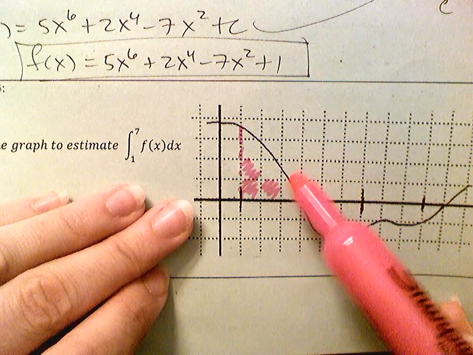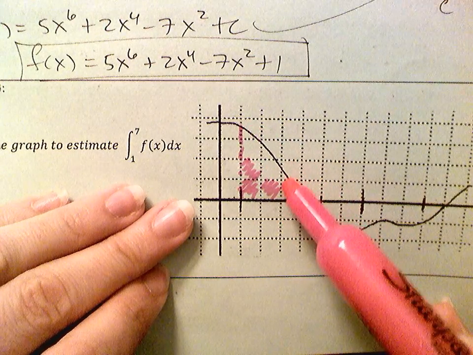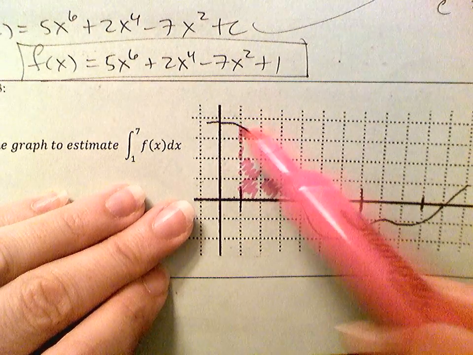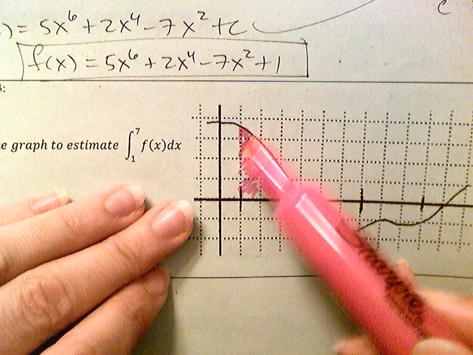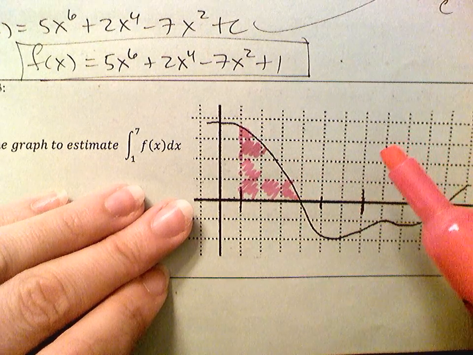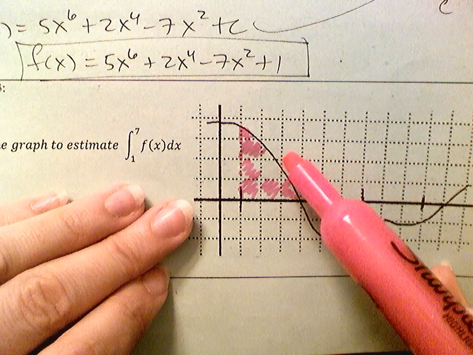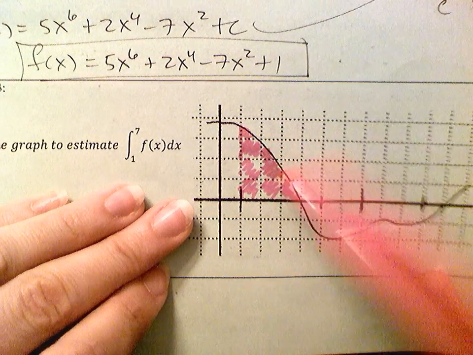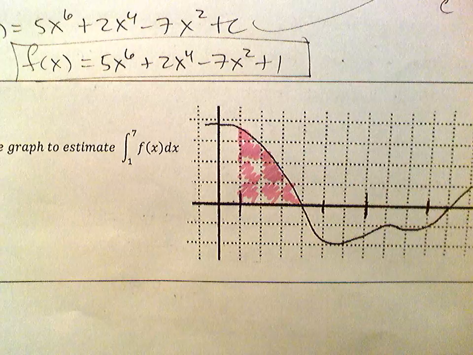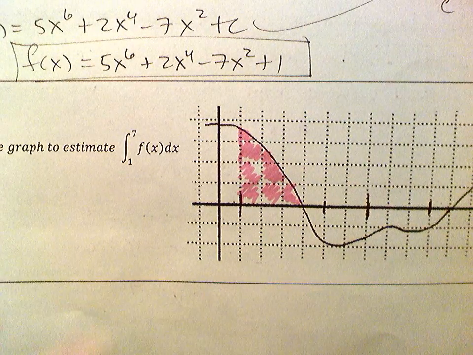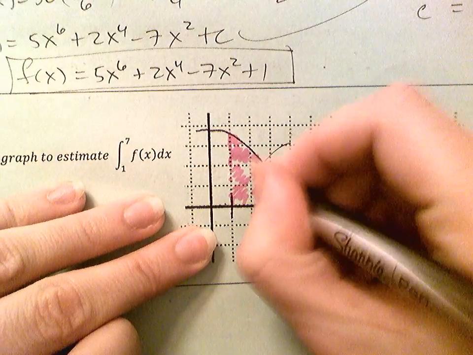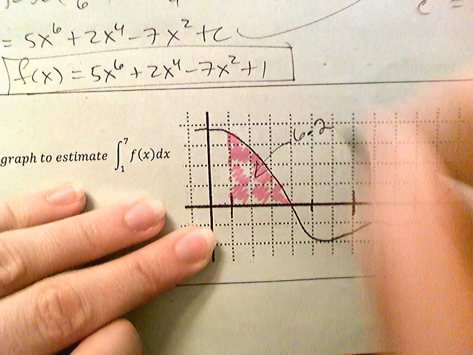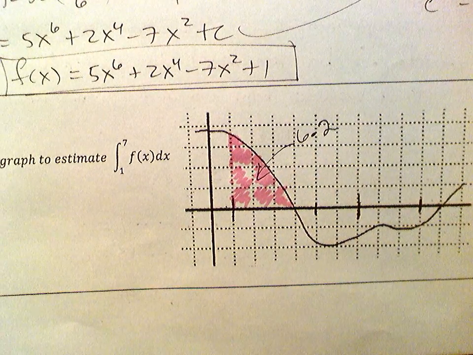This is not a full box, but if I combine it with that one up there, I'll have close to 4. This is enough to call it 5. And then I'll call these together giving us like 6.2. All right, so let's say that area right there is 6.2.